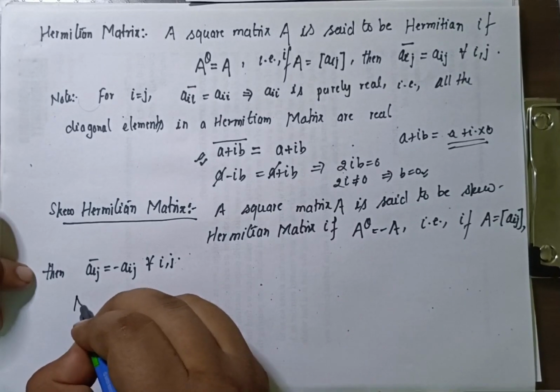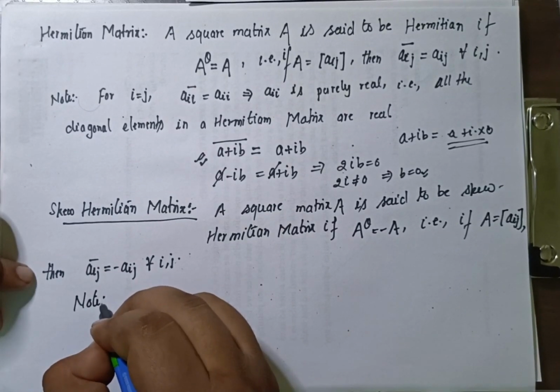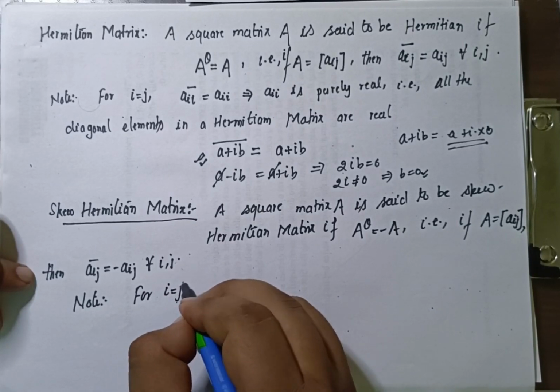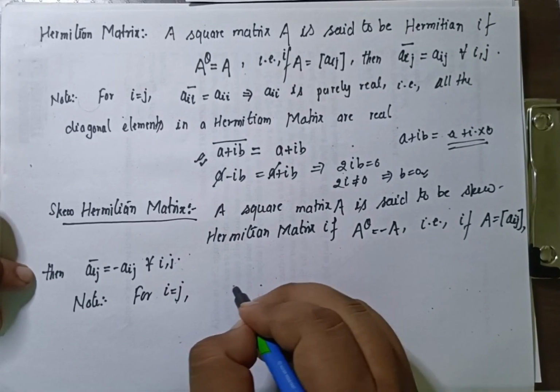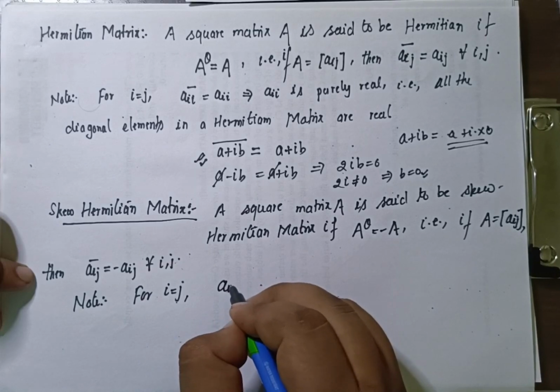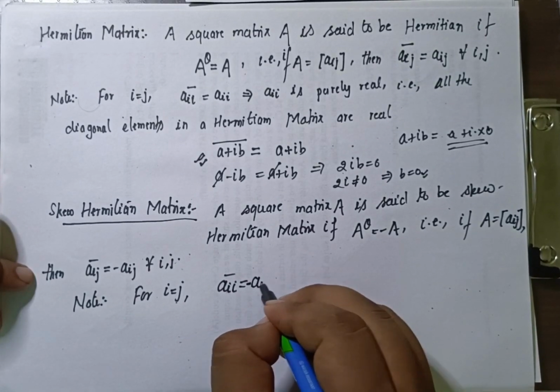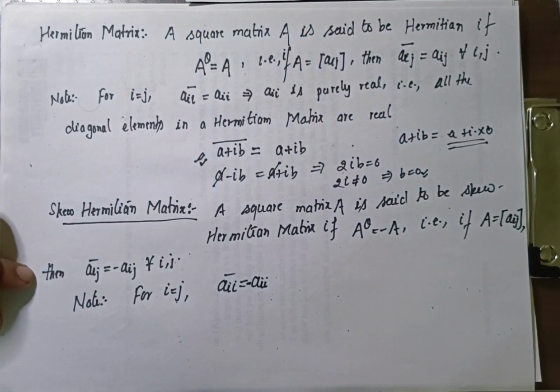And one point to be noted here also, for i equals j, we are on the diagonal. The entries conjugate of aii will be equal to minus aii.